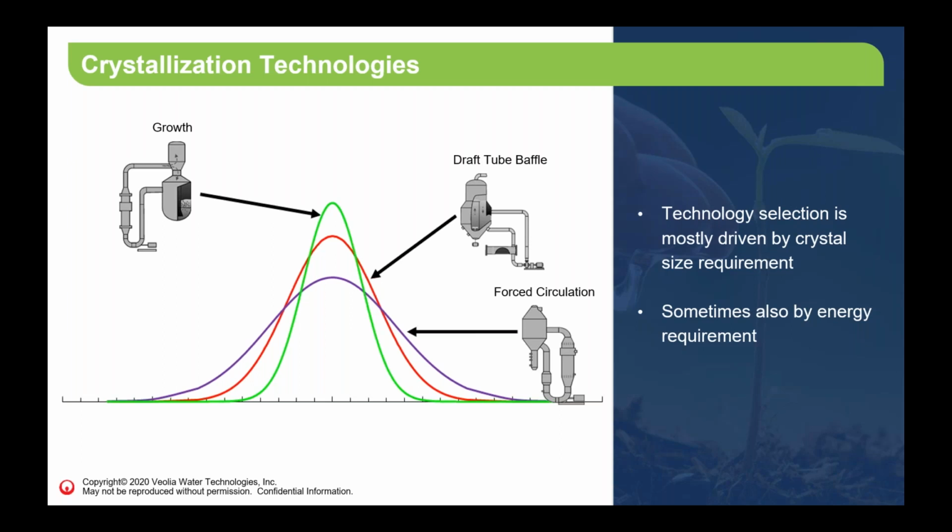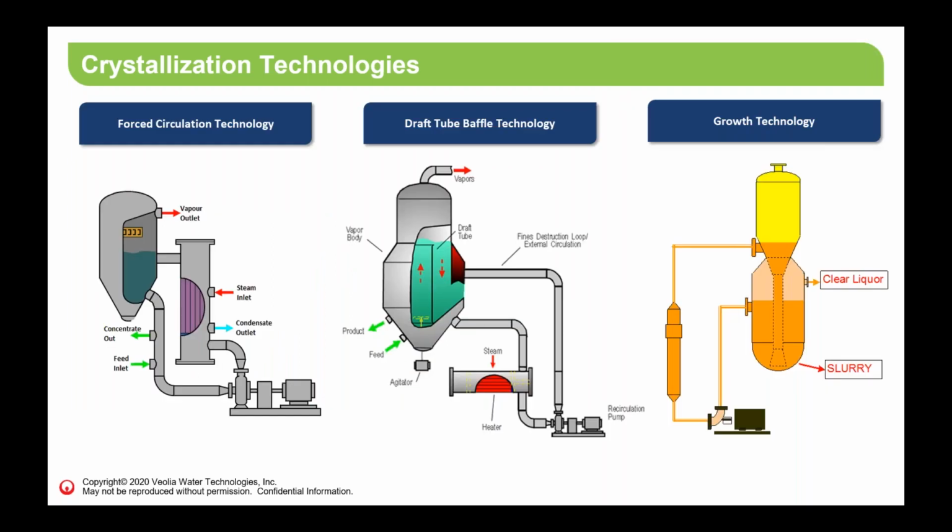Forced circulation technology is usually used when the particle size is not that critical, but when we need a narrower and larger particle size, we usually go to a draft tube baffle. And if we need to increase it even more, we go to a growth crystallizer type technology.